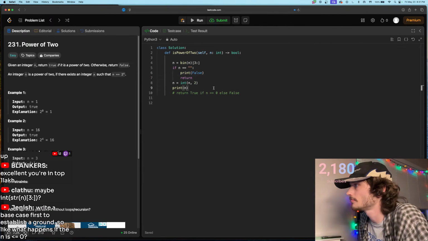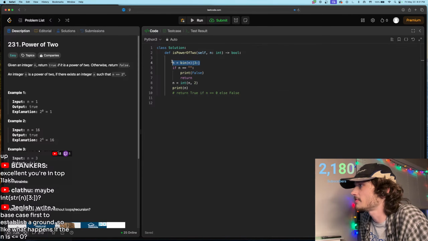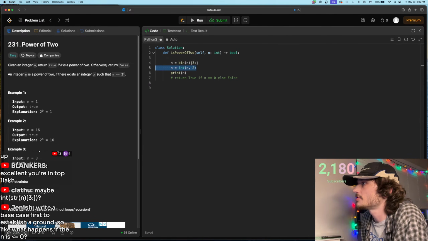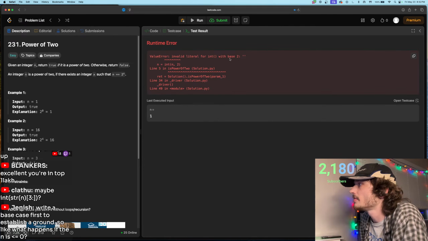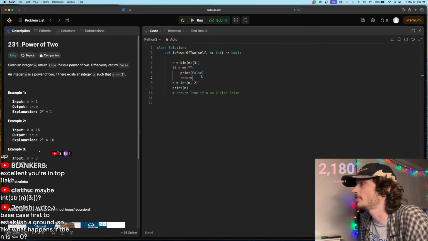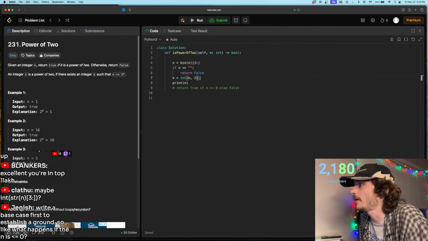Okay. So we're going to convert to a binary and take a slice of 3. Why can't I do this conversion, invalid base 2 with a string? Okay, sorry, yeah. So if it's a string, return false right away. Right?